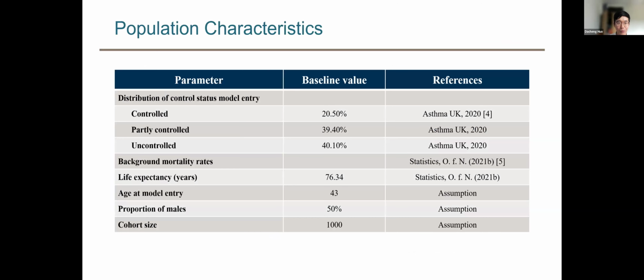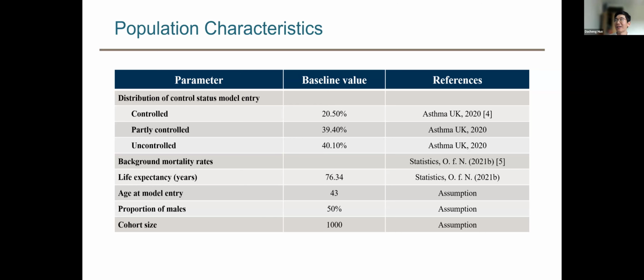And now we have built this model. Now we need to incorporate the evidence we have into it. First of all, to simulate the real world situation, we need the model to start with a real world distribution of patients.